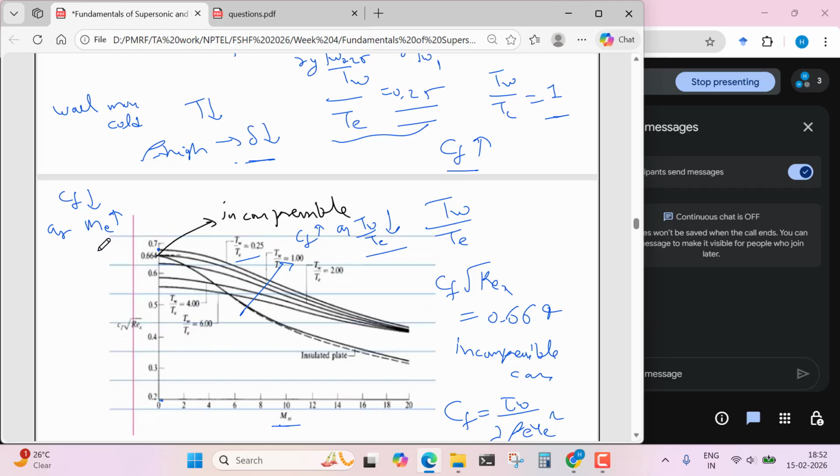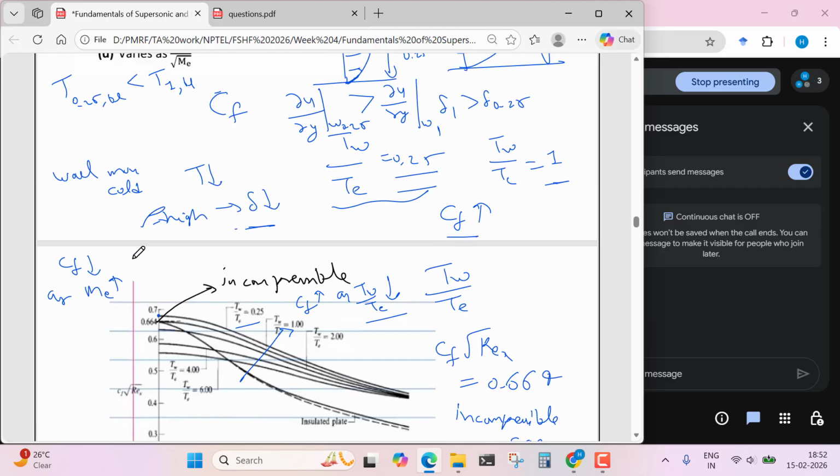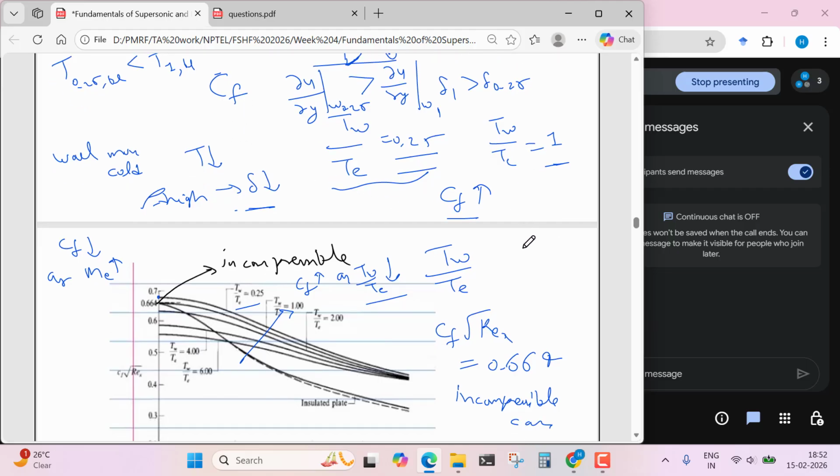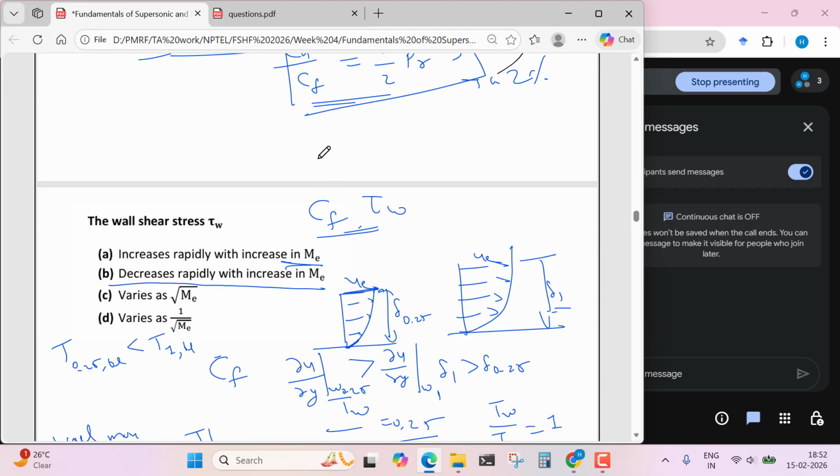Similarly, if Mach number is increasing, temperature is increasing inside the boundary layer, because more kinetic energy is converted to thermal energy.